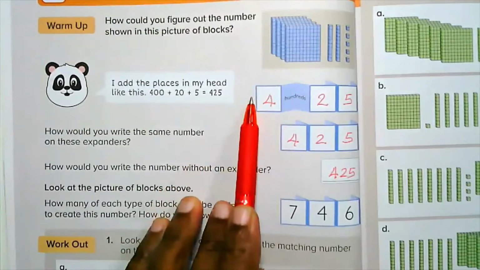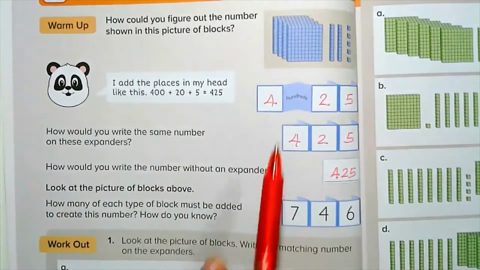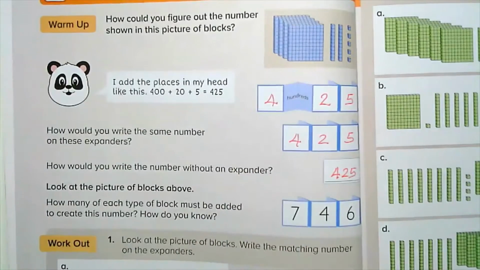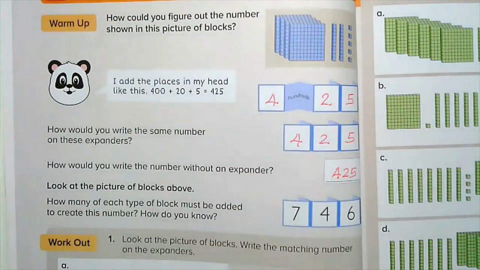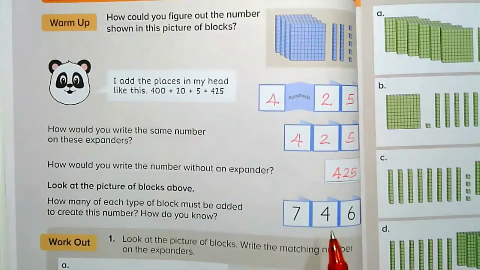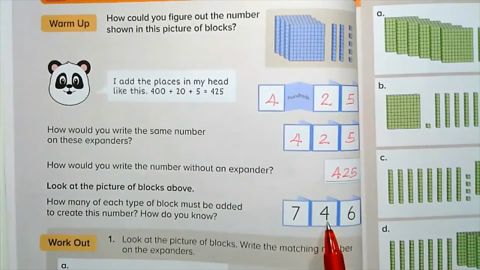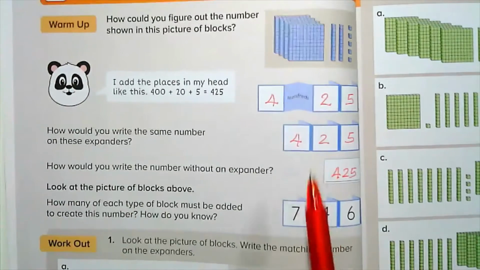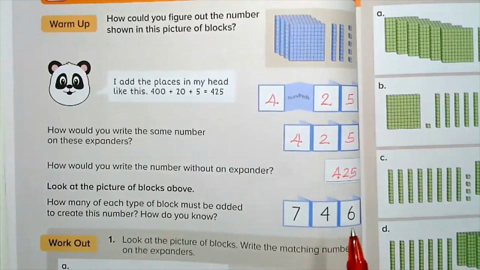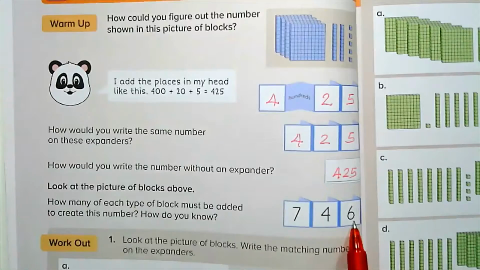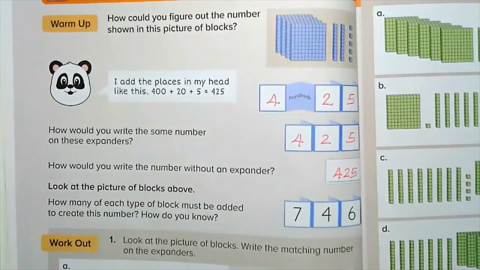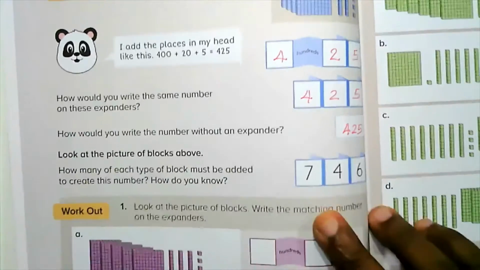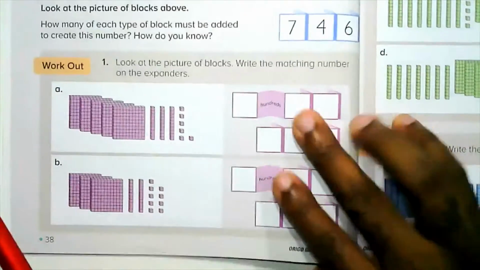So the 100 blocks will remain, 300s to be added. We had 2 more to make it 4 tens. 2 more 10 blocks and 1 more 1 block to make it 446.